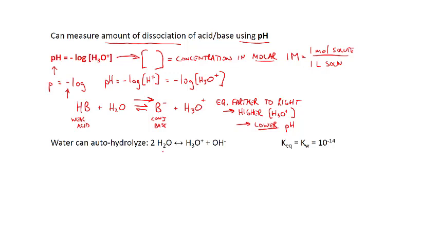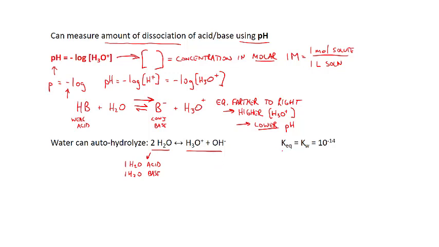And the reason they're linked is because water can auto-hydrolyze. So water can act as its own acid and its own base. What's happening here is that we have one water acting as an acid, one acting as a base, and so we end up forming H3O+ and OH-.